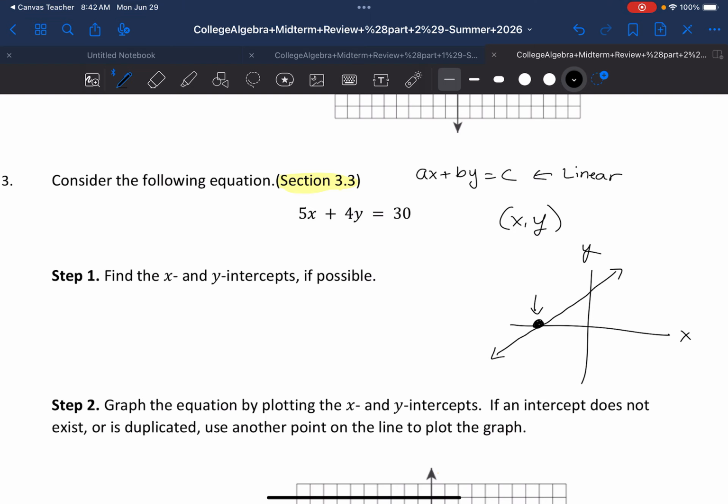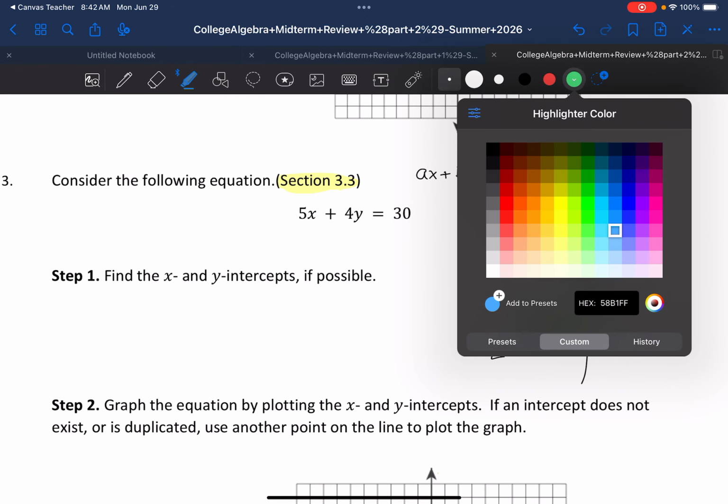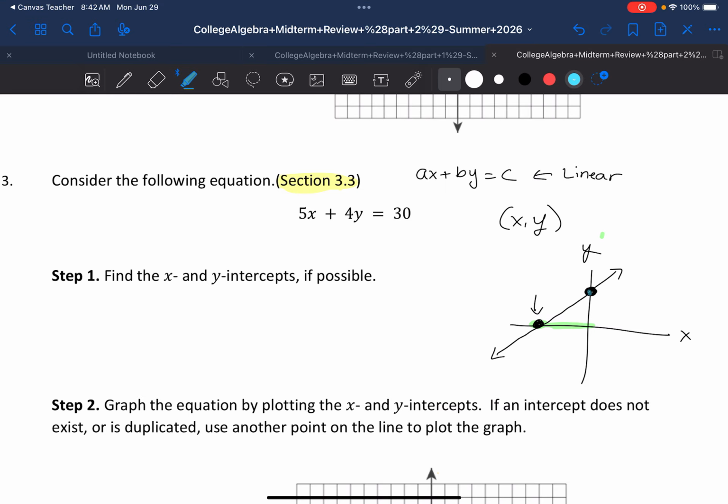And when we cross the x-axis, we are at y equals 0, because it lines up with the y value of 0. And for the y-intercept, where we cross the y-axis, x is equal to 0, because that point lines up with x equals 0.